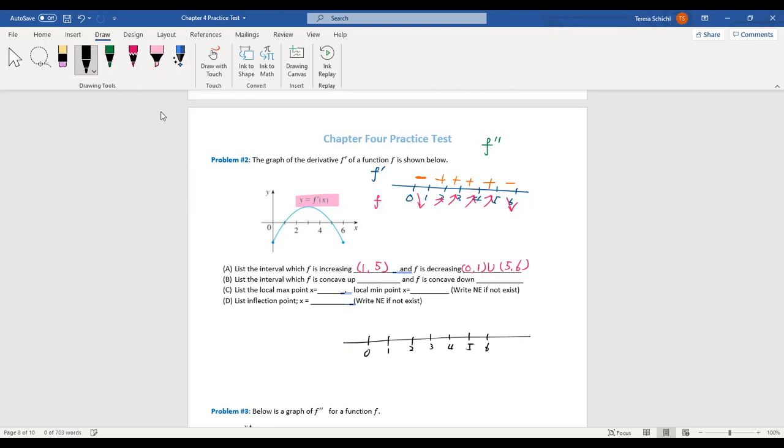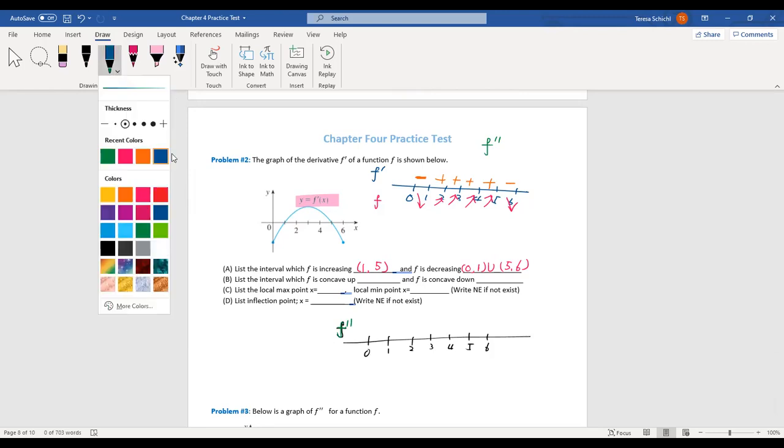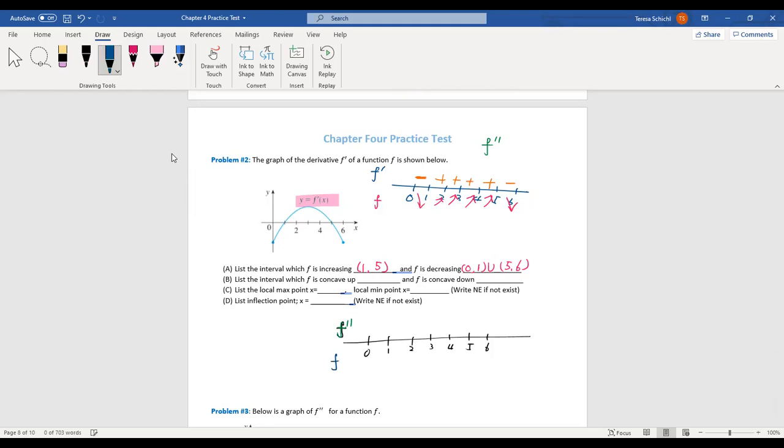All right. So you want to find what f double prime is here. You want to know if f double prime is increasing or decreasing. We know f double prime is the derivative of what? Of f prime.